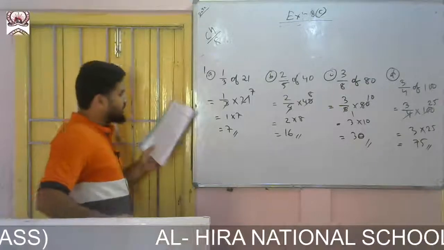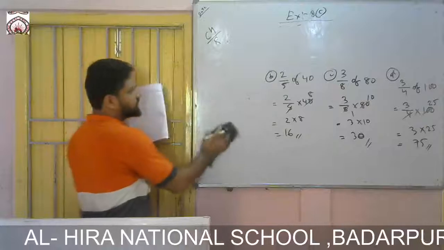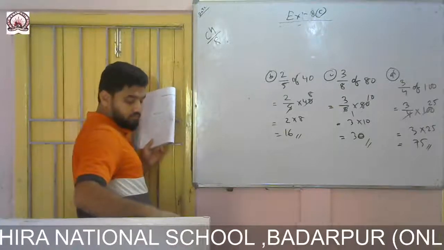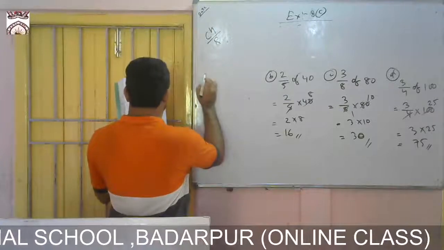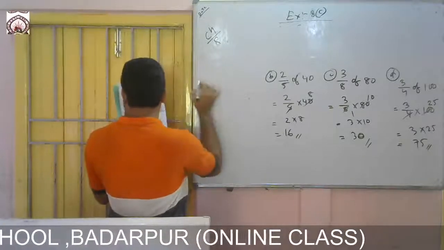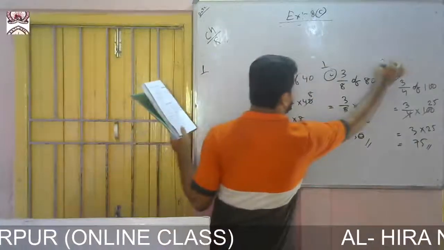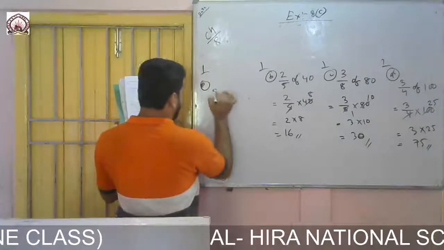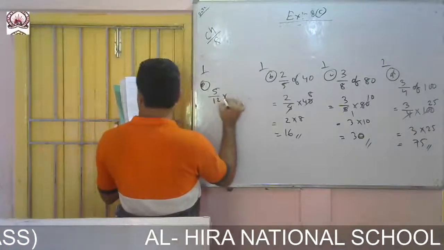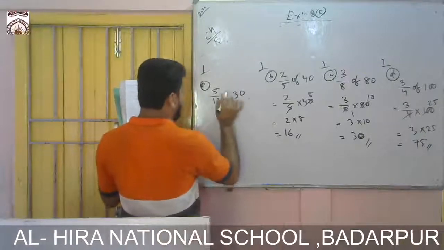So now come to question number E. All are 1. 1E. Now 1E, what is there? 5 by 12 into 30. Of means into, okay, right one.